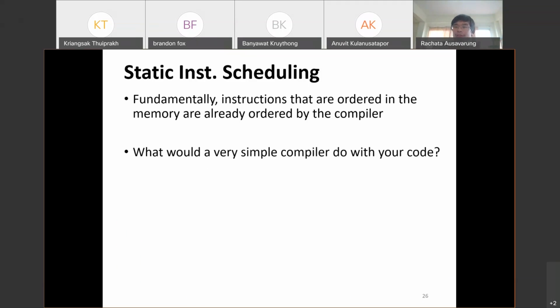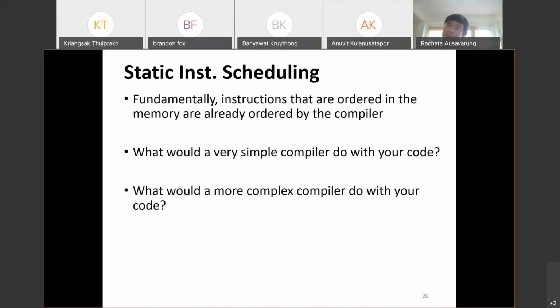So if you have a really simple compiler, typically what they do with your code is convert the code in C directly to assembly. If you see if else, compare and branch. If you see add, the compiler would add. If you see multiply, the compiler would perform a multiply. It will not try to do something like, if you multiply by 4, instead of multiply, the compiler would shift, right?